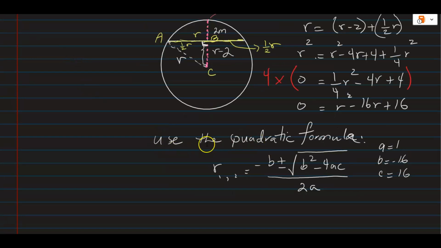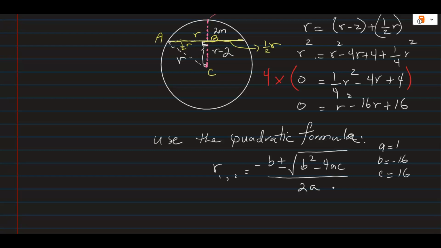Okay, so we're going to use the quadratic formula because this quadratic equation is not factorable. And when you use the quadratic formula, just remember that there are two possible answers. The quadratic formula says minus b plus or minus the square root of b squared minus 4ac, all over 2a, given that the coefficient of r squared is 1, that's a, b is negative 16, the coefficient of r, the middle term, and c is the constant 16.